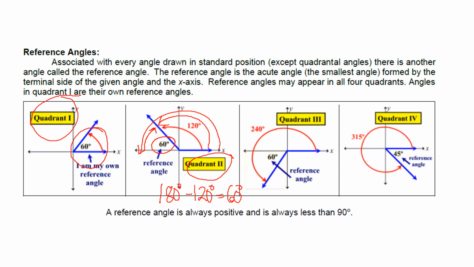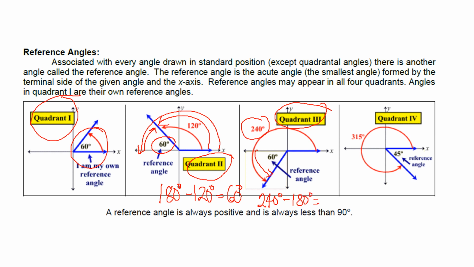In the third quadrant, we know that we have 240 degrees already. But the reference angle should always come from the x-axis going to the terminal side. So we have 240 degrees, and we are going to subtract 180 degrees to get the reference angle.